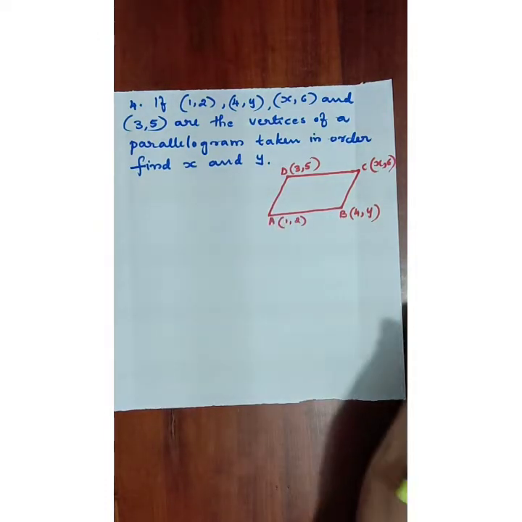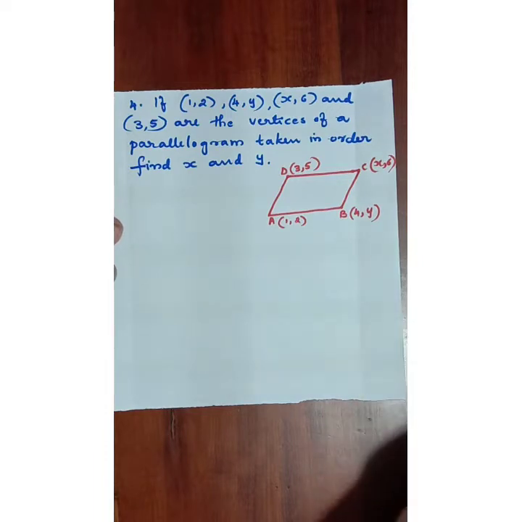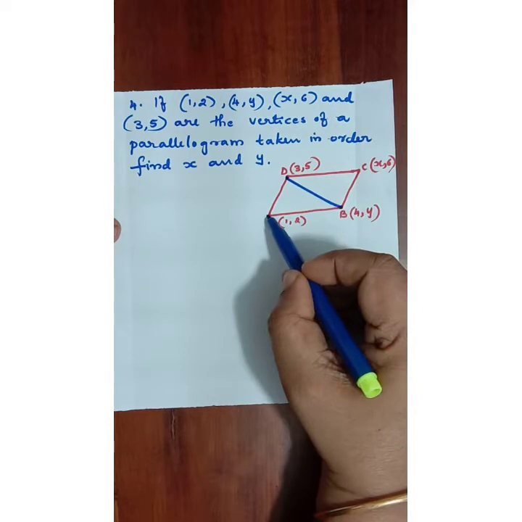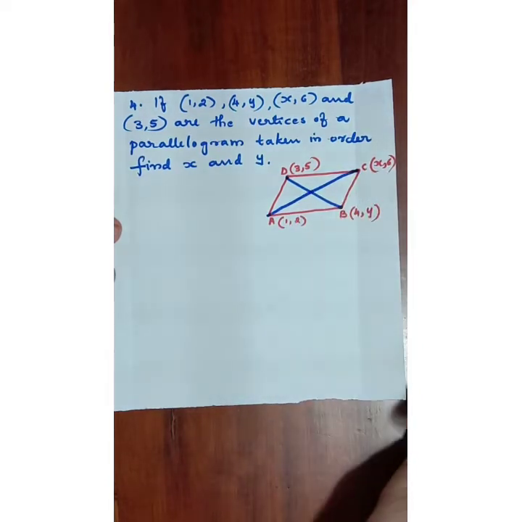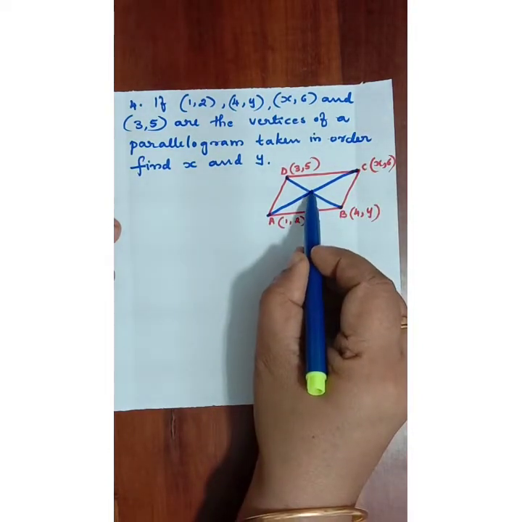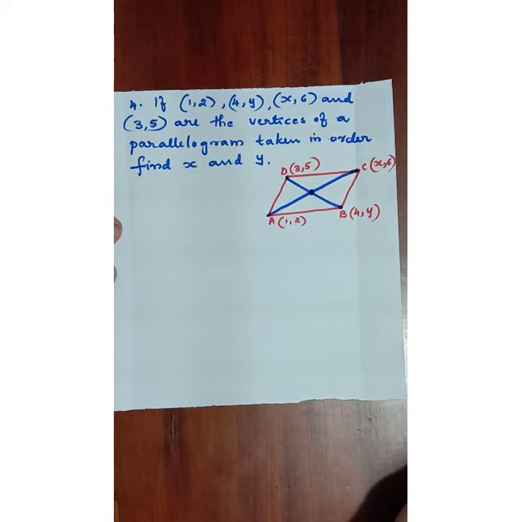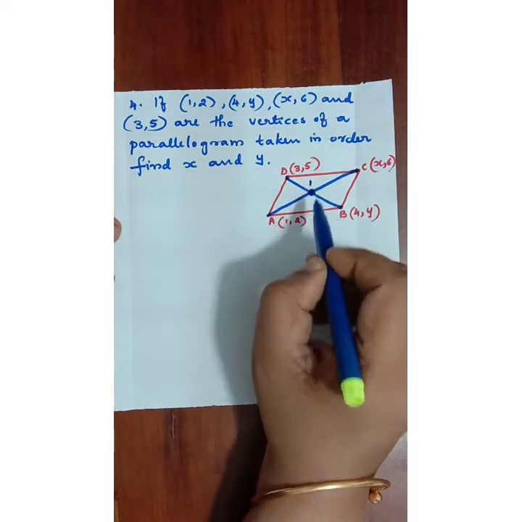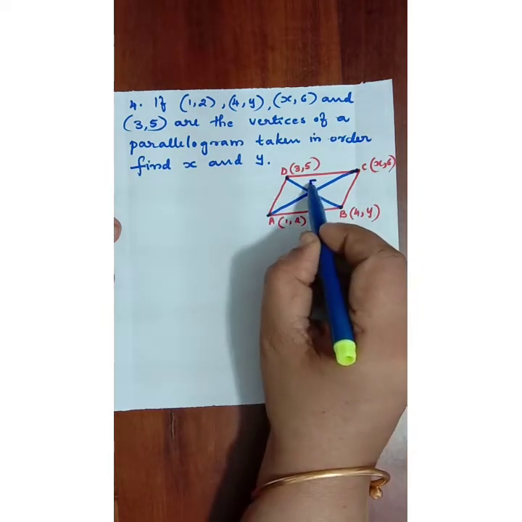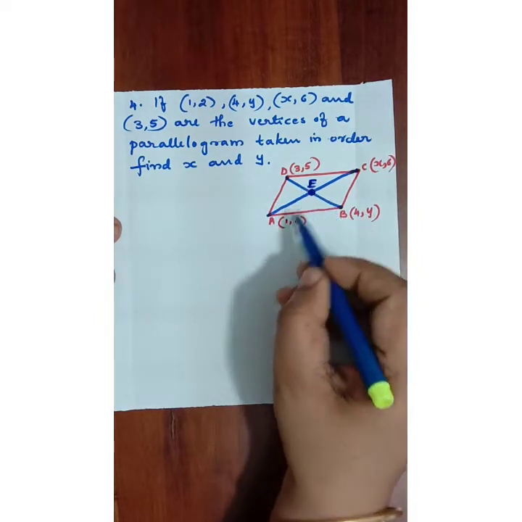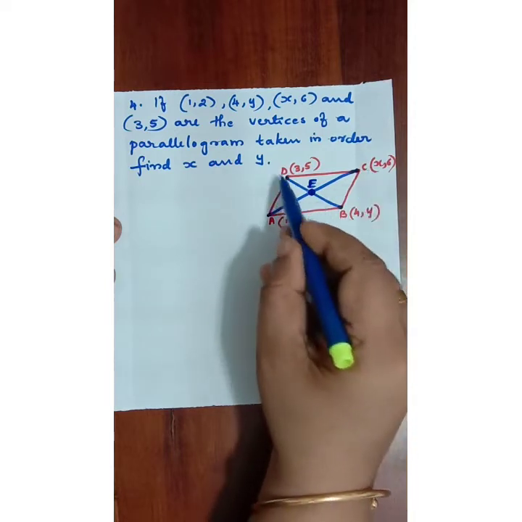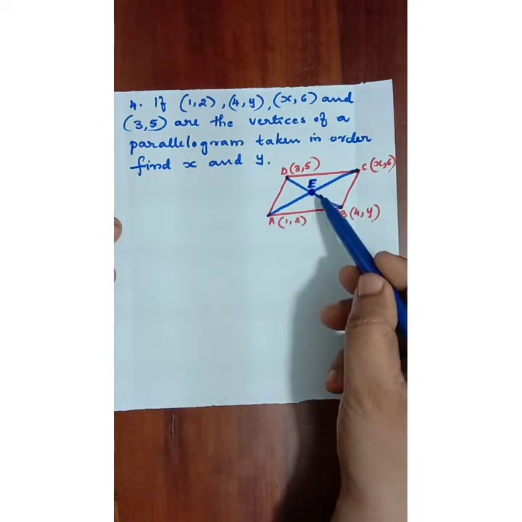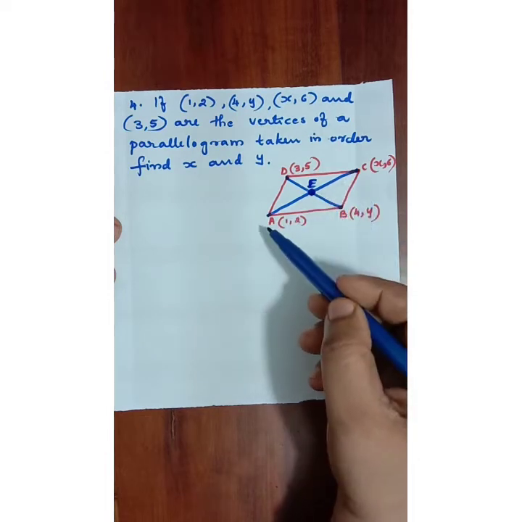In 9th standard, we learned the properties of a parallelogram. Do you remember? Here BD is one diagonal and AC is the other diagonal. They will bisect each other. The point of intersection of both diagonals is E, so the point E is common to both diagonals.